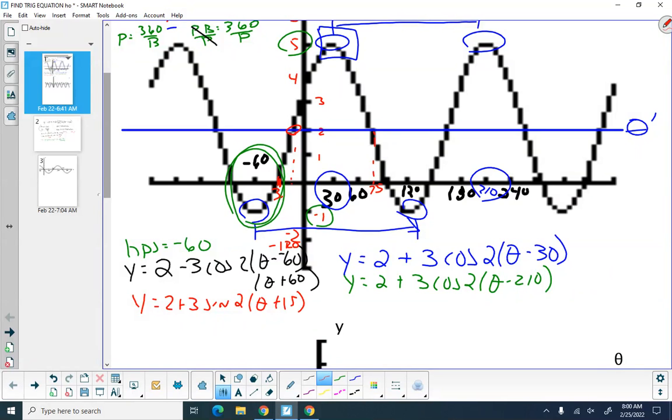But now it's going down first. So I'd have y equals 2 minus 3 sine 2 theta minus 75. That would work. Once again, you have an infinite number of solutions. If you want to come over here and use this value here, this looks like 165. So I'd have theta minus 165. That would work. Infinite number of solutions.